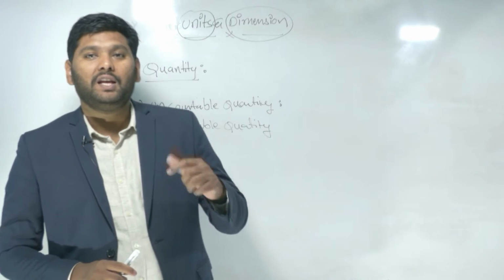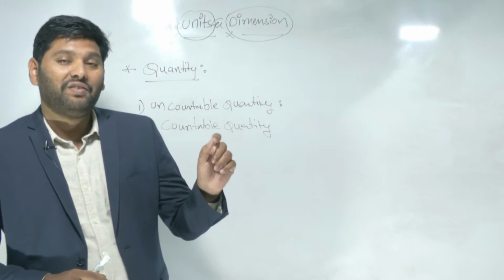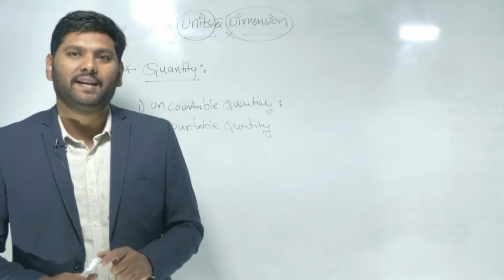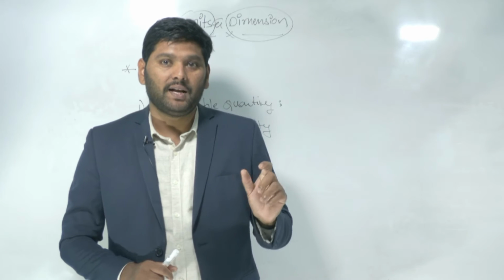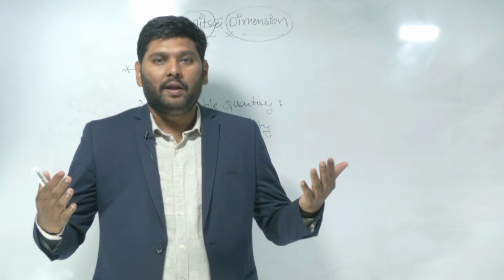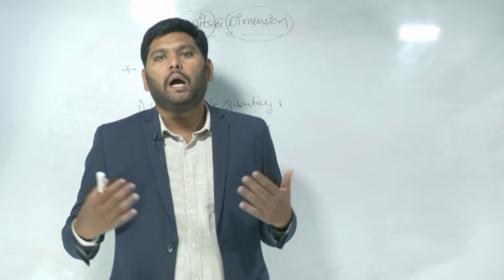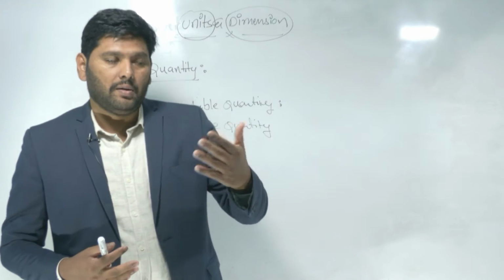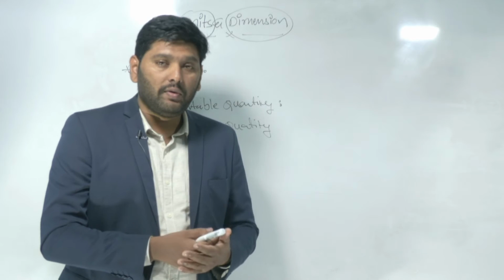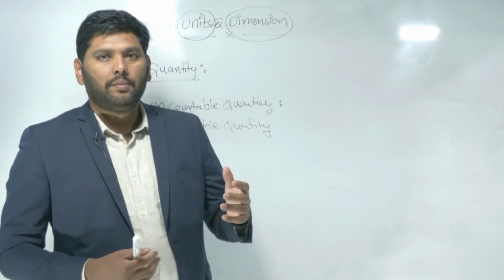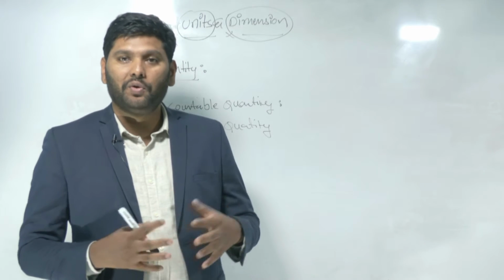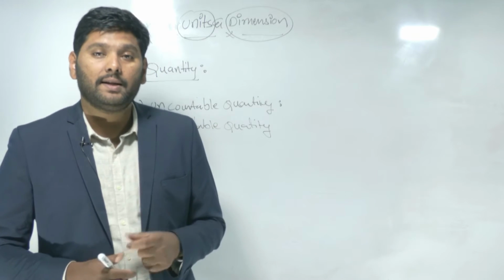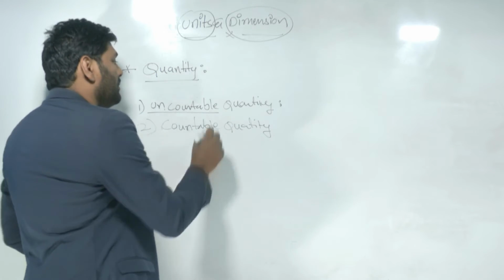We don't have any instrument to measure it. But affection is a quantity. Understand? Sometimes we say, I have a lot of affection for my mother. That is the way we generally state it. But how much you have, we don't know. How much quantity, we don't know. Those kinds of quantities are known as uncountable quantities.